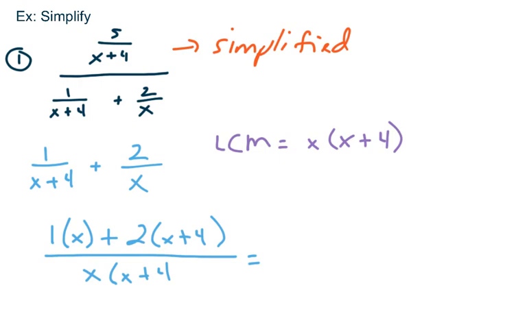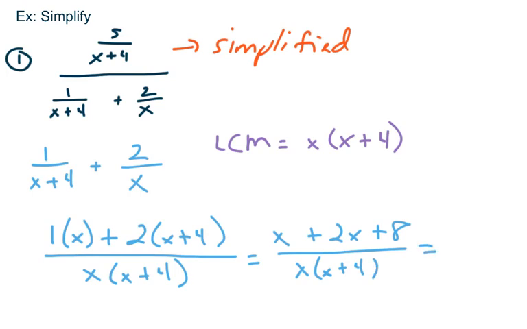So 1 times x leaves me with x. 2 times x plus 4 is 2x plus 8. And all of that gets put over x times x plus 4. There's one little simplification we can do. We can combine x and 2x to make 3x plus 8. So we'll have 3x plus 8 over x times x plus 4. This is the simplified denominator right here.